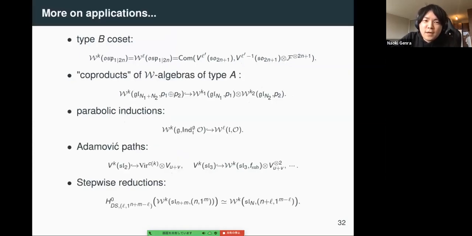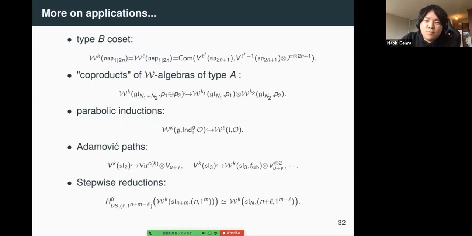So anyway, we have lots of applications of this statement. This is a list of what we can do. The first one is the type B coset of ACL. Critical level cosets only consider ADE type, but I guess this is a type B statement, and this is joint work with Thomas.